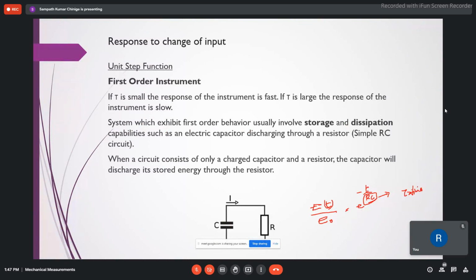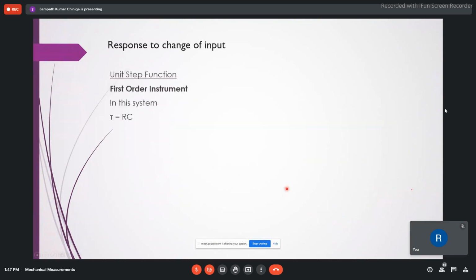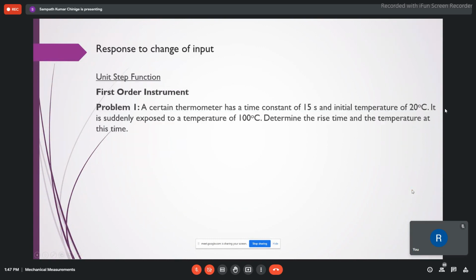Similarly, for thermal systems we can write it, but in thermal values: thermal resistance and thermal capacitance, instead of electrical capacitance and electrical resistance.